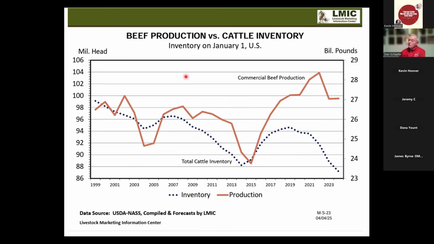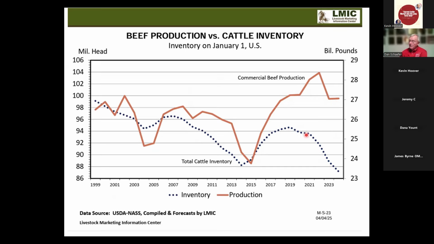This is a relationship between total U.S. cattle inventory and beef production. So when we have lows in total cattle inventory, eventually we have lows in beef production. And in the current cattle cycle, although we have a declining supply of cattle available for beef production, our commercial beef production has not declined in a similar manner because we have increased carcass weights.